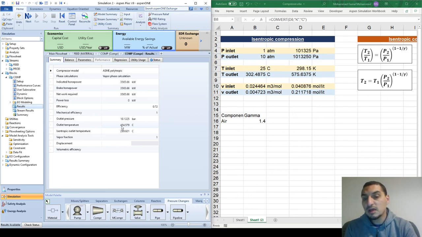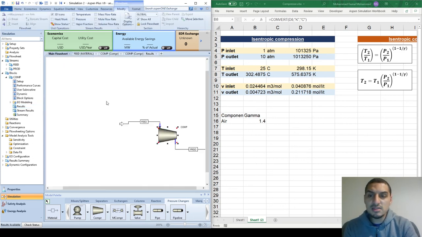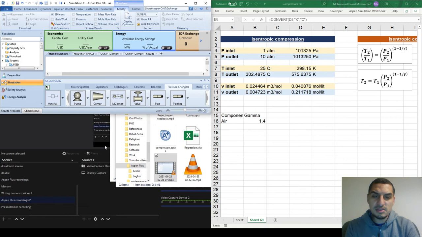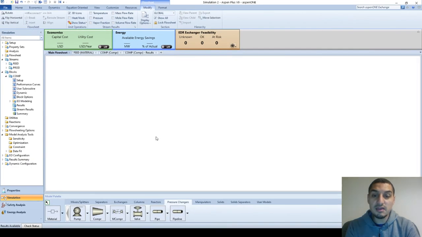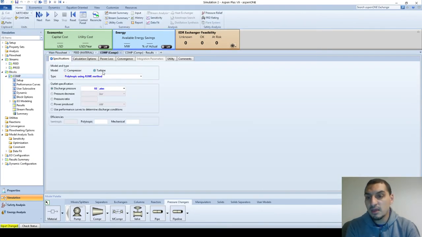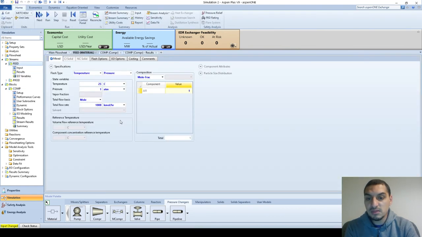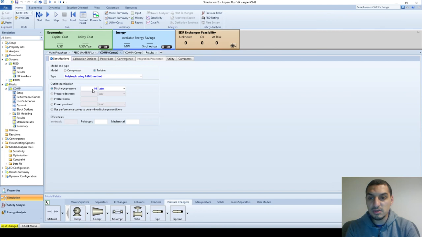So we have some change in the outlet temperature in case of the polytropic compression. There's one thing that is important that I want to mention in this video as well, which is related to what we were just saying. Let's say that I have this as a turbine, and I make the feed stream at high temperature. So I'll reverse it, I'll make it 10 atmosphere, and make the outlet pressure 1 atmosphere. So in this case, I am doing it the other way.